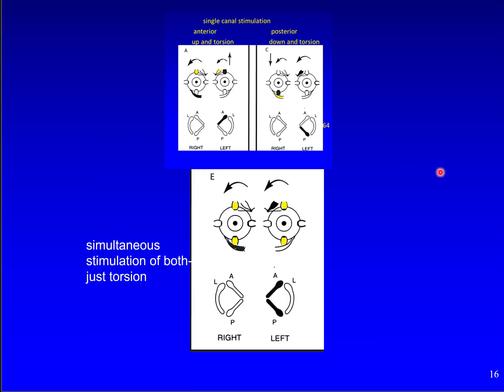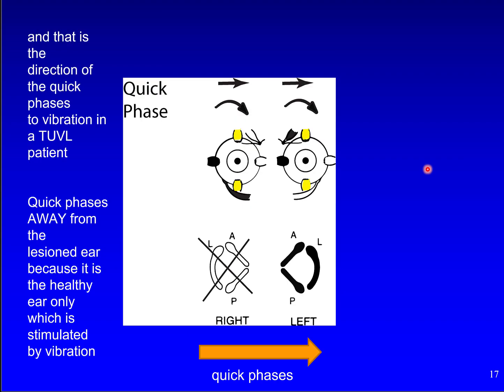So when you stimulate them both together, the vertical components just cancel out, upwards and downwards, and you're left with just torsion. And I think that is why we see in these patients horizontal and torsion, because the verticals are cancelled, the horizontal is contributing, and the quick phases are away from the affected ear.